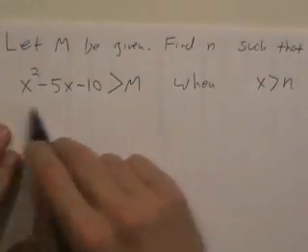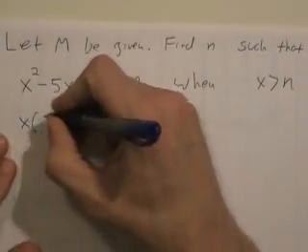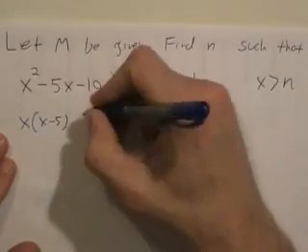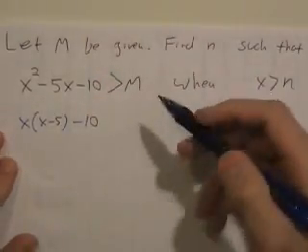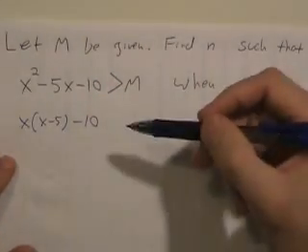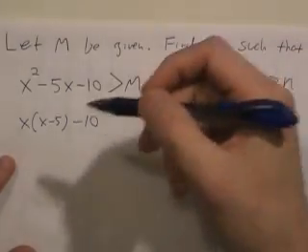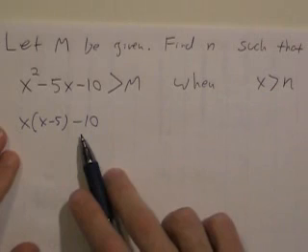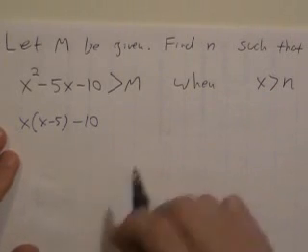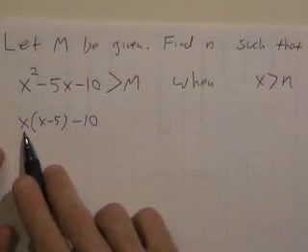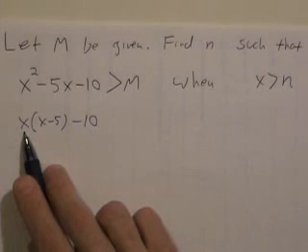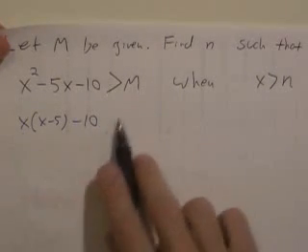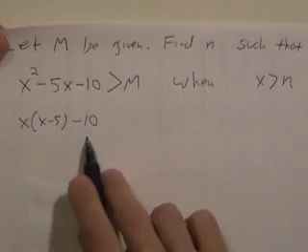So if you factor out an x from here, you get x times x minus 5, minus 10. If you want to show that something is large, find something that's less than it, which is also getting large. So if you factor it out like this, it's easy to see that what's less than this is if we replace this x with x minus 5. Then the whole thing will be less than what we have written here.